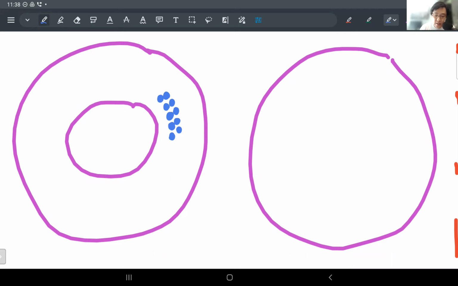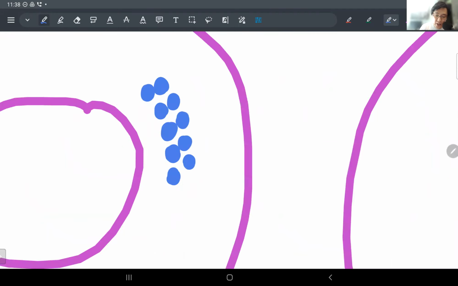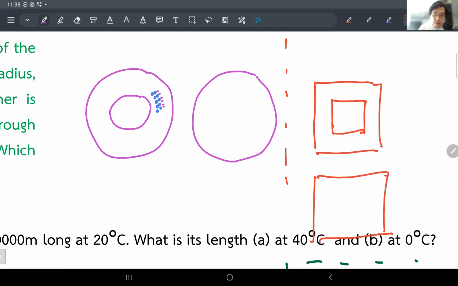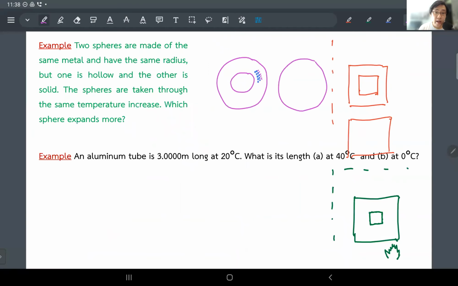All it does is the expansion locally. They're going to expand locally. So my point is this: in general, no matter whether you have a hole or not, everything is going to expand, because it happens at every microscopic location on this material. Does that make sense now?